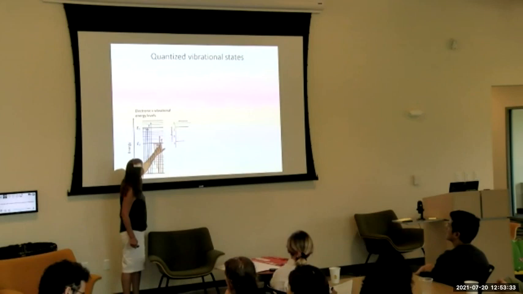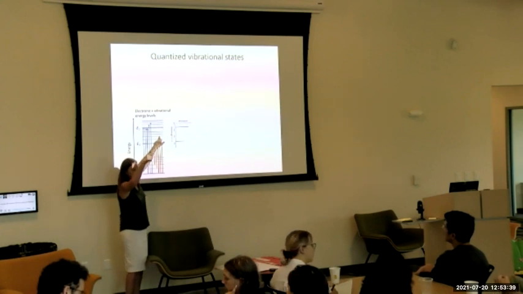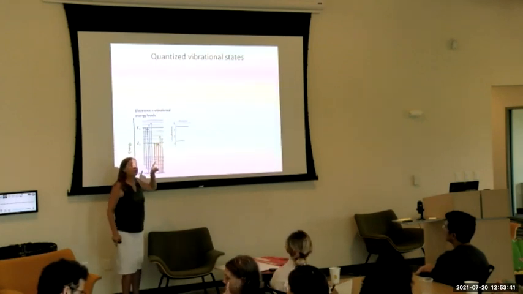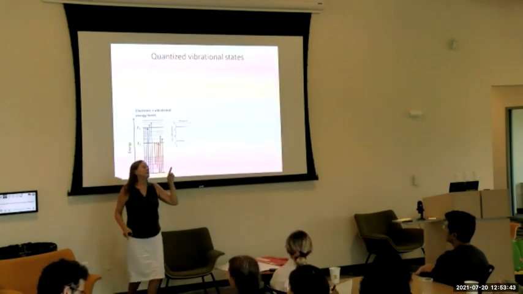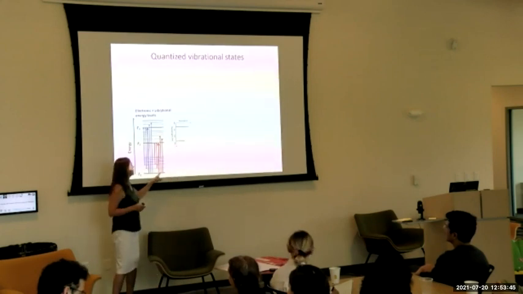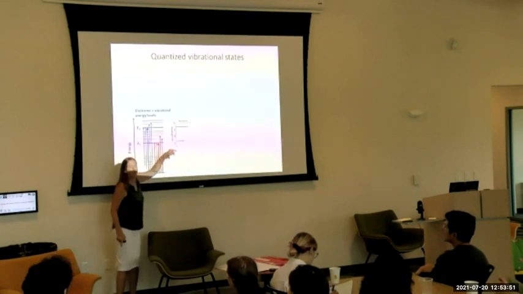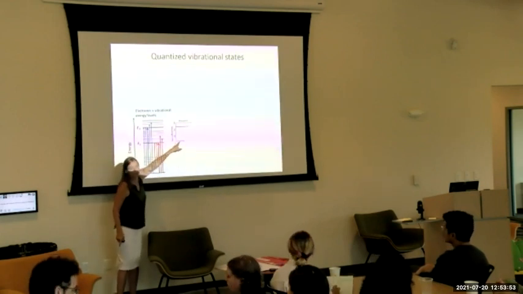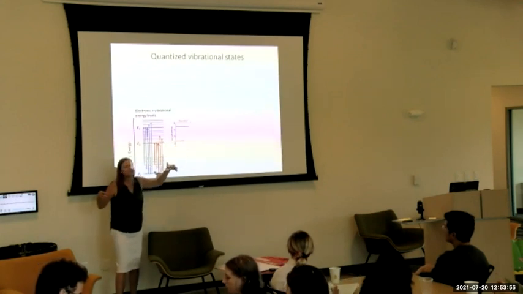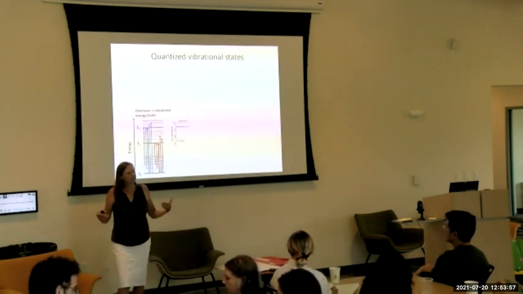But what if it transitioned to here? It's not exactly broadening because it's quantized. So it would add another absorption. It's going to add another bar near this one, still in that region of the spectrum.